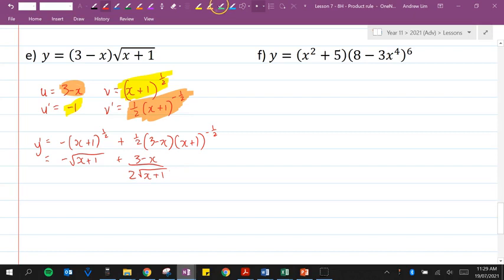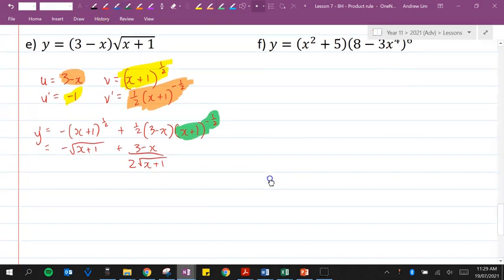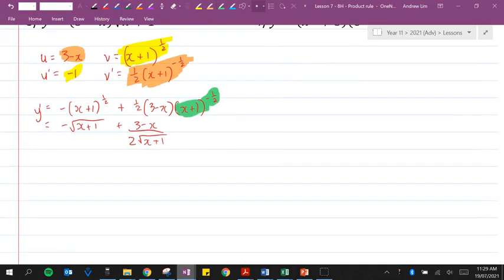Okay, so we can see here that this negative half applies to this, so it goes to the denominator of the fraction with a positive power of half, which just means the square root. Okay. Now, I might want to make this have a common denominator of 2 root x plus 1.